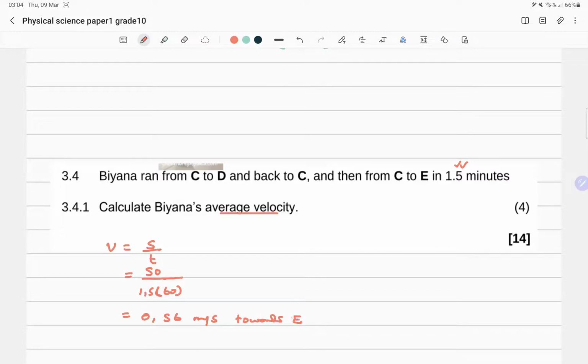Now the velocity has a direction towards E. So this question can take you down if you're not careful. It can. It looks simple, but it's not. So what is important, guys, is to know, first of all, the formula. Secondly, the substitution.